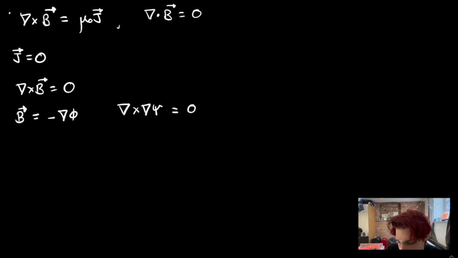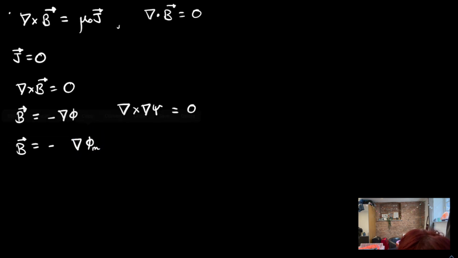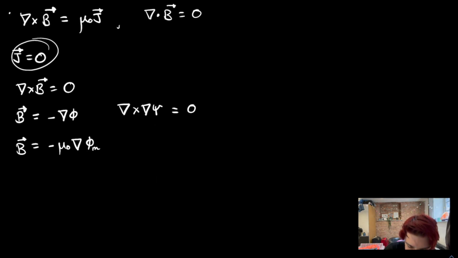This is a vector identity. This is a mathematical identity. So we can define B in terms of minus the gradient of a magnetic potential. And to keep the units right, we will multiply it by mu naught, so that when we take the curl of B, we get mu naught J. So if we assume that the current density is 0, then we have this magnetic potential.